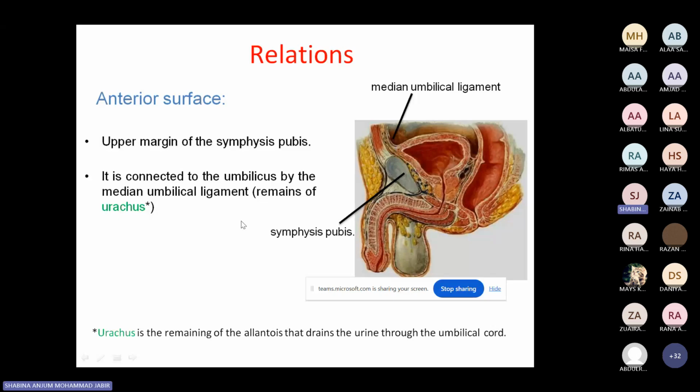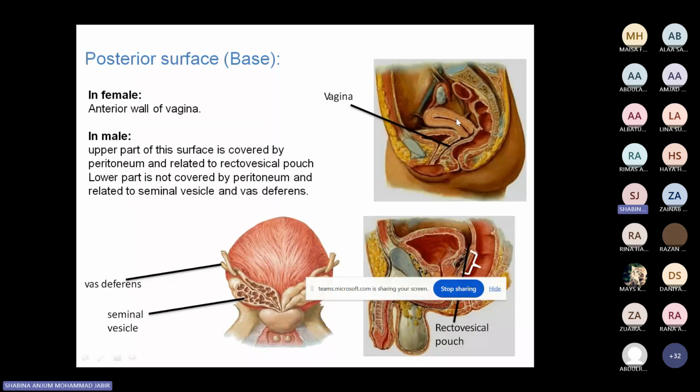Next we have the posterior surface. The posterior surface is also very easy. It will be related to the vagina in the female. Here, posteriorly in male, you will see that it is covered with peritoneum and forms a pouch called the rectovesical pouch.